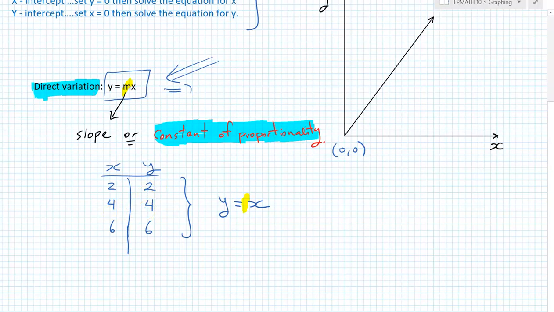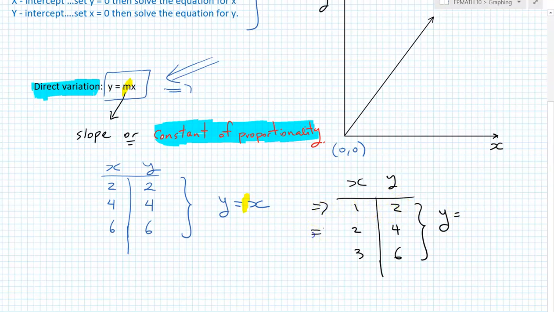But if I change that, let's come up with another one. Suppose this. Now you can realize quickly that in this case everything is being doubled. So when x is 1, y is 2, so that one doesn't give you a lot of information, but the next one does.